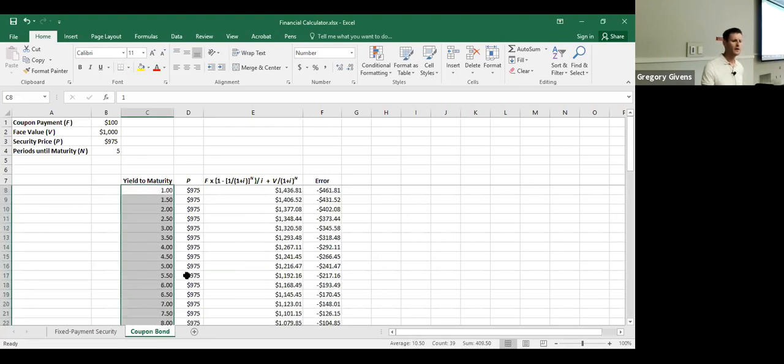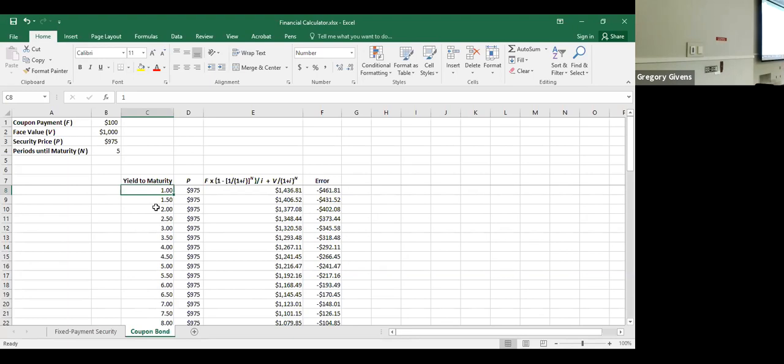So I'm going to consider interest rates here between 1 and 20%, or 20 percentage points, in increments of 50 basis points. What column E shows you is it basically just uses that present value formula that we talked about in the last class to compute the price of this security given a yield to maturity of 1%.